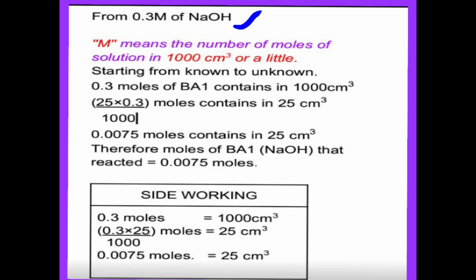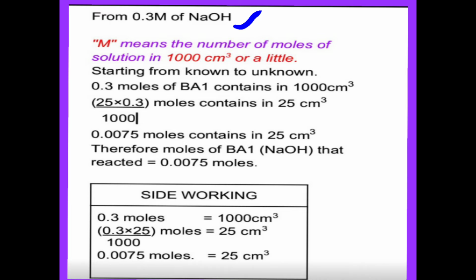So what does 0.3 capital M mean? Remember we said we start from known to unknown. So after knowing what 0.3 capital M means, we will be able to apply it and calculate our number.